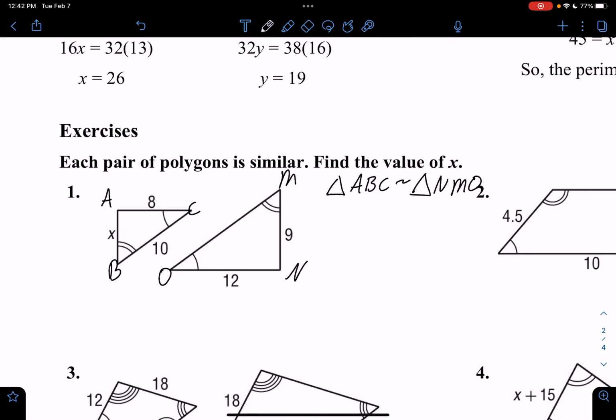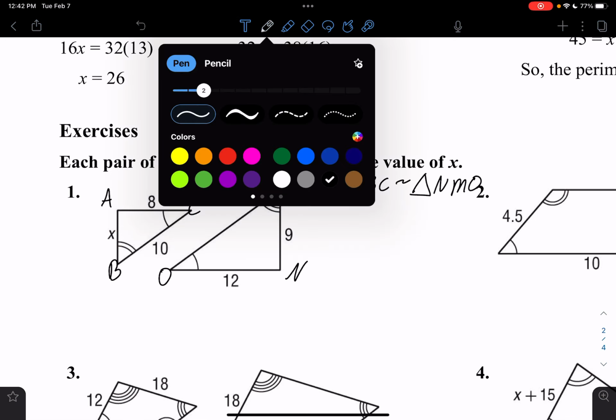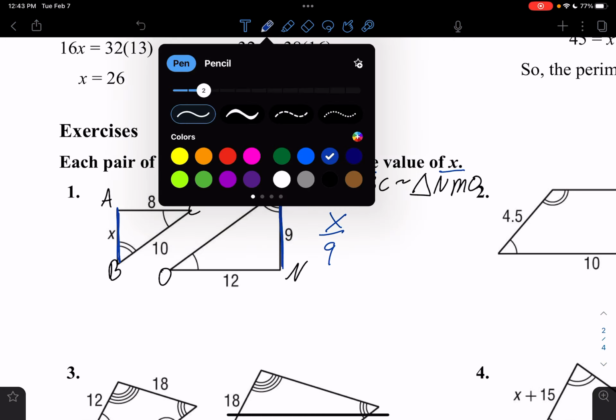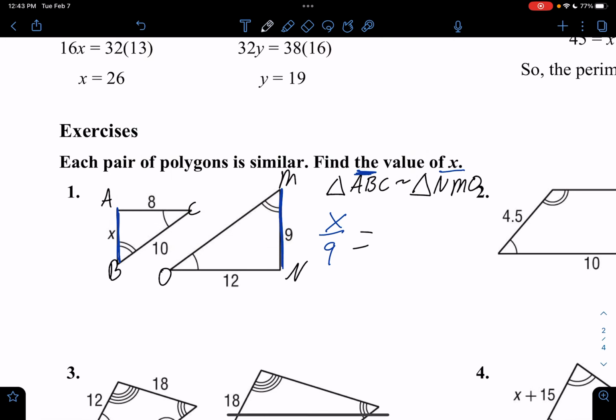Okay, so I'm trying to find the value of X. X is the side in between B and A, so it's going to be the side right here in between B and A. And I'm going to compare that one to NM. So I can say X is to 9 just as, so I need another side.